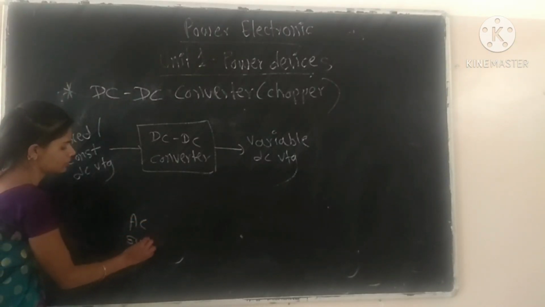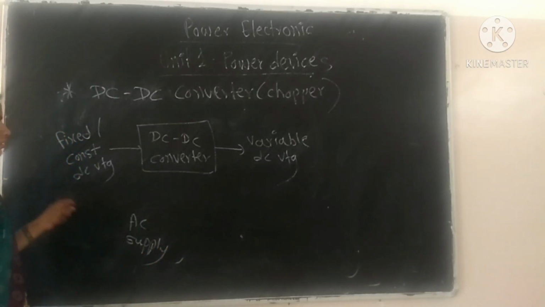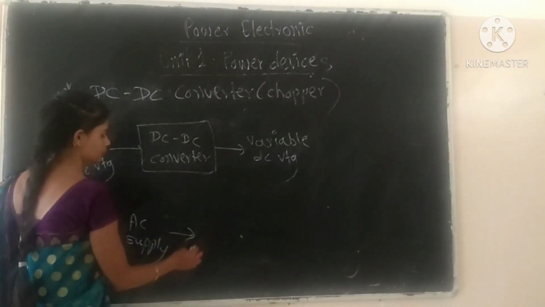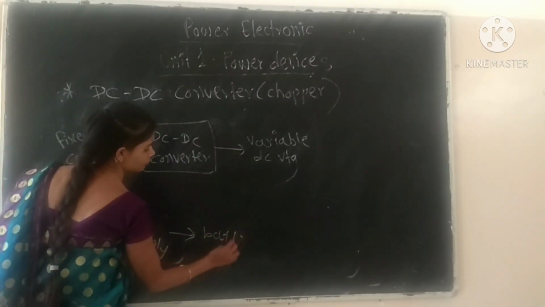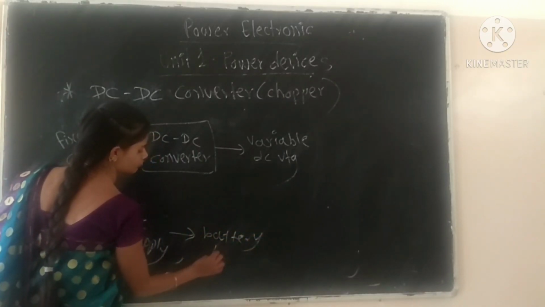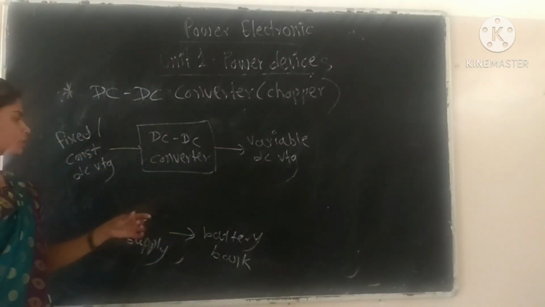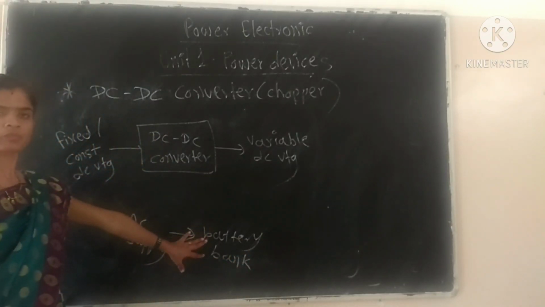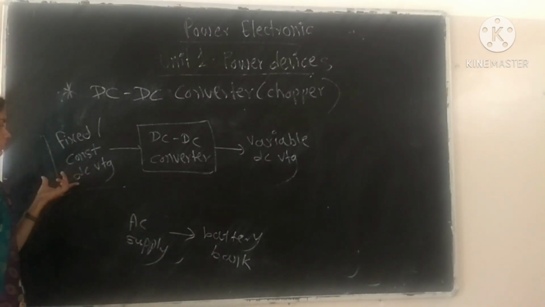This AC supply is single phase or three phase, and it is given to the battery bank via filtering or rectifying, and the output of the battery bank is a fixed or constant DC voltage.